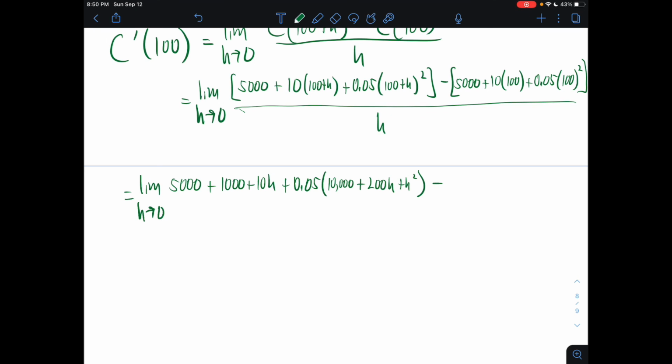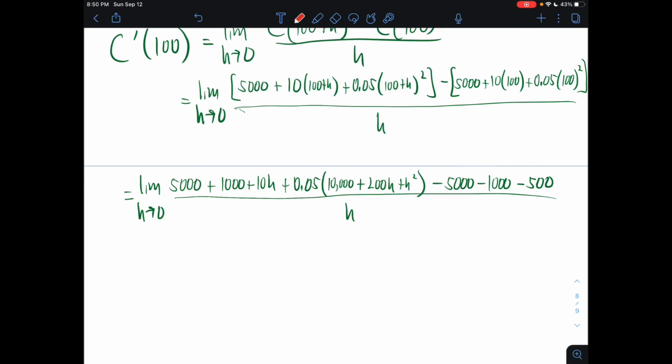And then I have minus 5,000, minus 10 times 100, or 1,000, and then minus 0.05 times 100 squared. So 0.05 times 100 squared is 500, and I'll be subtracting that. And this will all be divided by h.